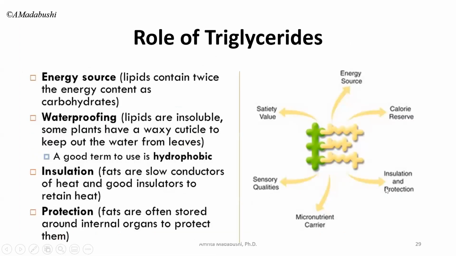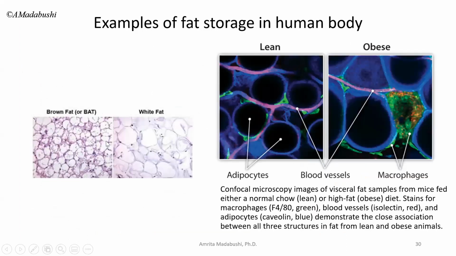We kind of know what lipids are for: they're used as an energy source, in waterproofing so they can form a waxy layer, insulation, protection, all of these. This is an interesting slide I got from one of the research papers, where the fat cells, the adipocytes, were from a lean versus an obese individual.